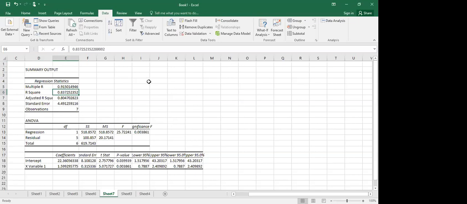So if I had asked you what proportion of variation of the world population can be explained by the regression line and the independent variable, you will just say, let's say 84% or 83.7%. And what proportion is not explained? If you say 84%, then 16% cannot be explained by the regression. It could be what we call a lurking variable.